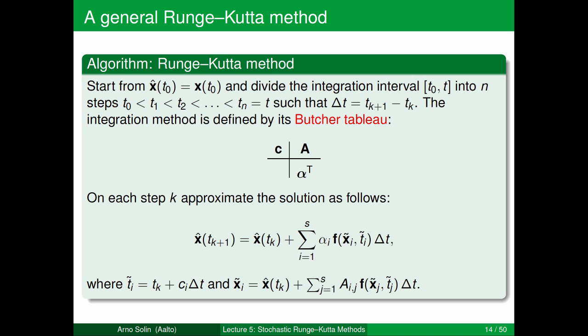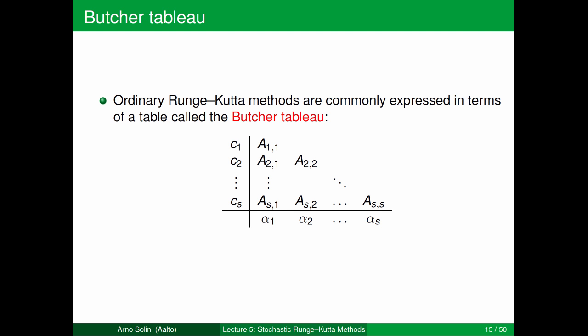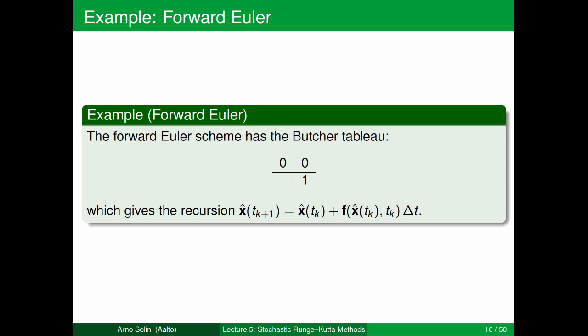Just to give you a picture of how the tables look like, I will now go through a number of methods. So basically the table has three parts, defining some values which are basically put in a matrix A, in a vector C, and in a vector alpha.